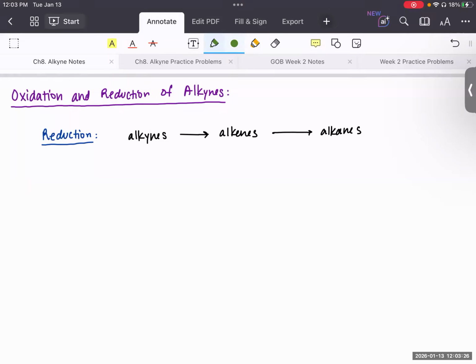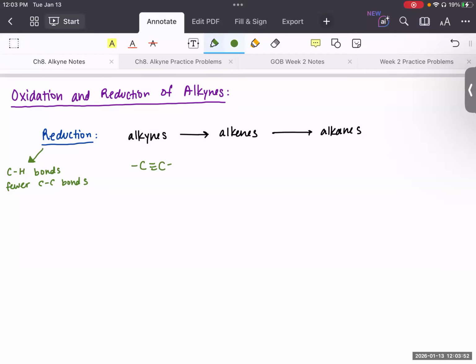And so as a reminder, the reduction of an alkyne would involve forming more CH bonds and fewer CC bonds. If we take a look at the structure of an alkyne, we know that we have a triple bond between those two carbons, and then each of those carbons is bonded to something else, so I'll just draw lines for that.